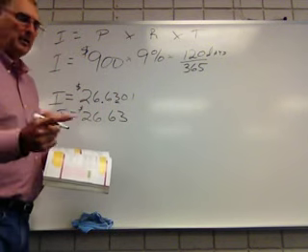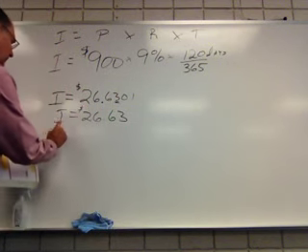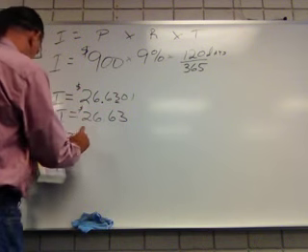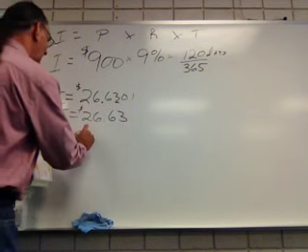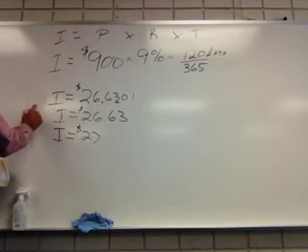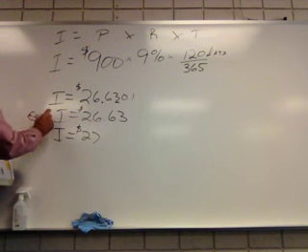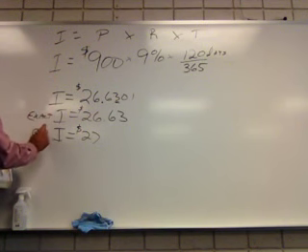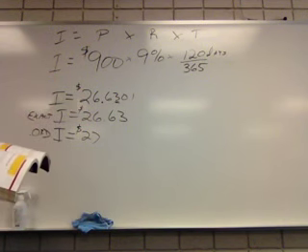What was our ordinary? Our ordinary was $27. This is exact. This is ordinary. So there was a little bit of difference.